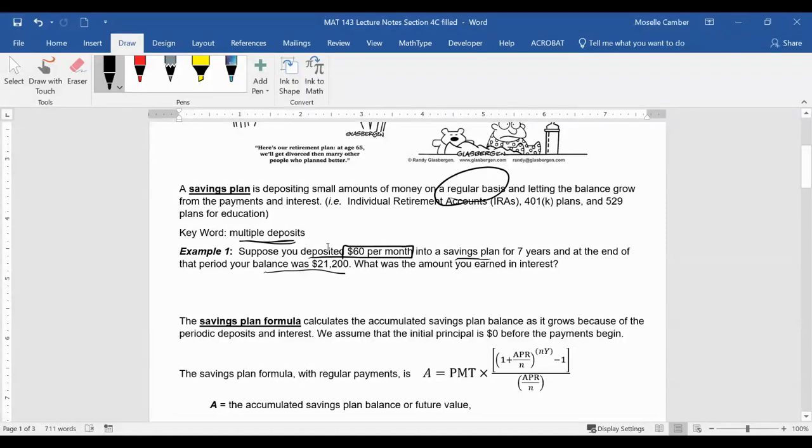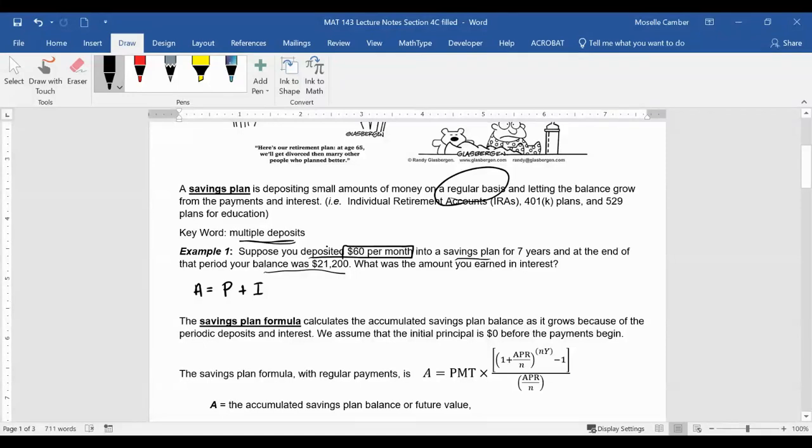So in general, for any of these that we're looking at, our ending balance is going to be the amount that we put in, which I'm going to call the principal, so all the money that we put in plus all of the interest. So that's just any of it in general, right?